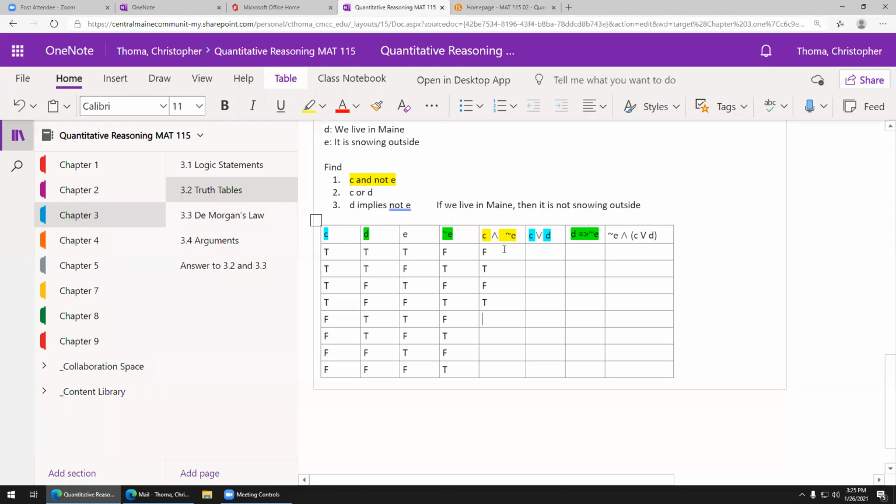I have a false and a false, so that one is false. I have a false and a true, so that one is also false. False and false is false. And false and true is false. Because remember, and is only true if both statements, or not even both, if all statements are true. Because I could have a three statement compound and then all of them have to be true, right?